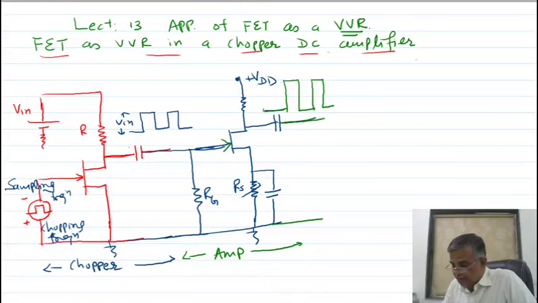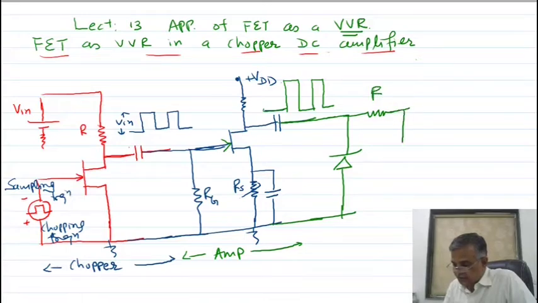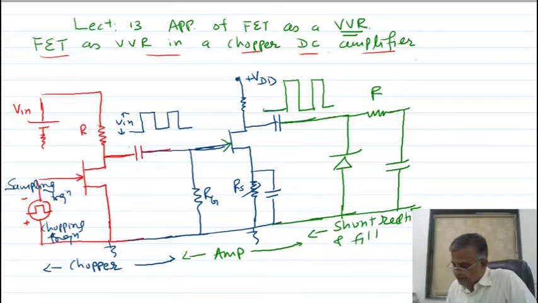Now after this, I am using a shunt rectifier and filter circuit to get your DC output voltage, and you will get here the amplified DC output.